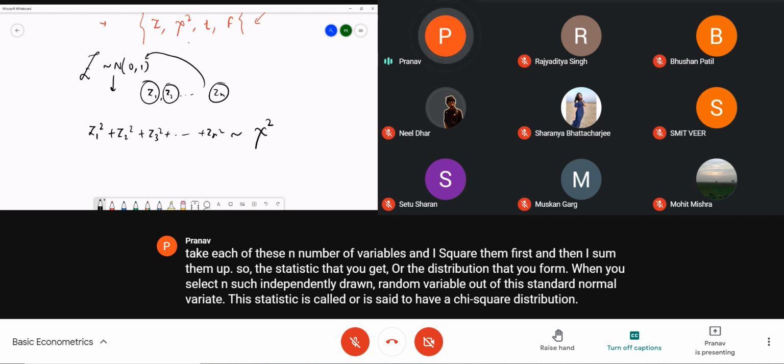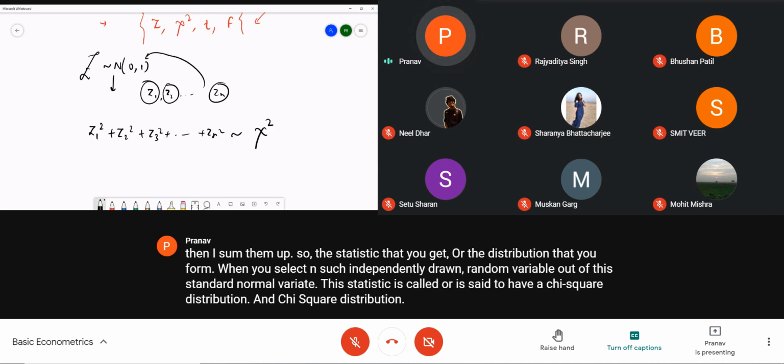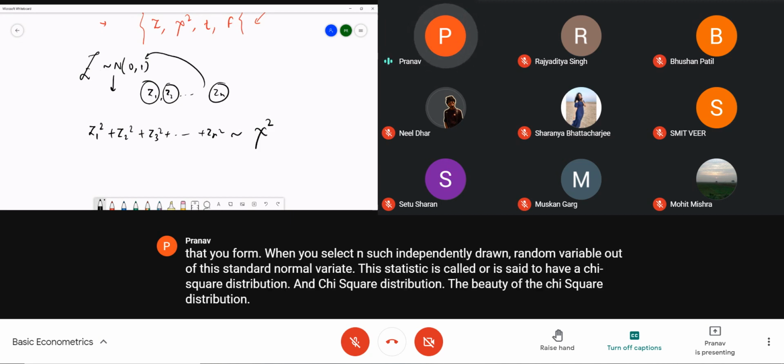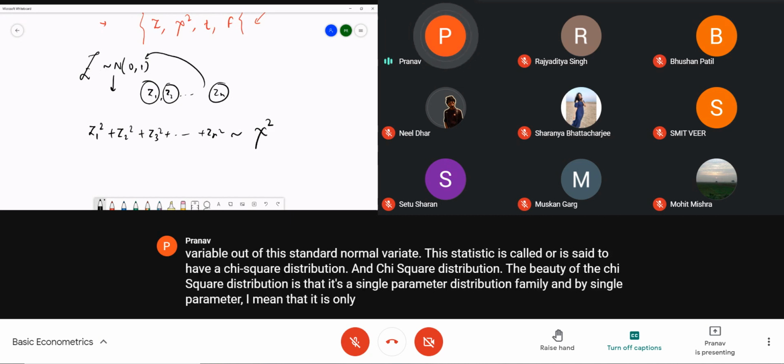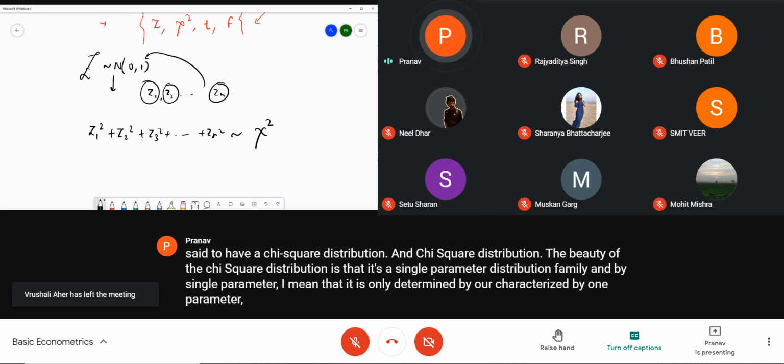And the beauty of the chi-square distribution is that it's a single parameter distribution family. And by single parameter, I mean that it is only determined or characterized by one parameter, which is called degrees of freedom.